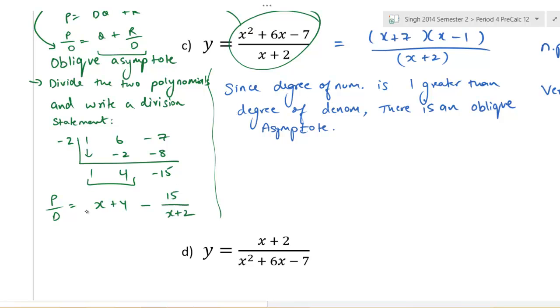Now this information is going to be used to figure out the equation of an oblique asymptote. The easy solution is this part right here is the oblique asymptote.